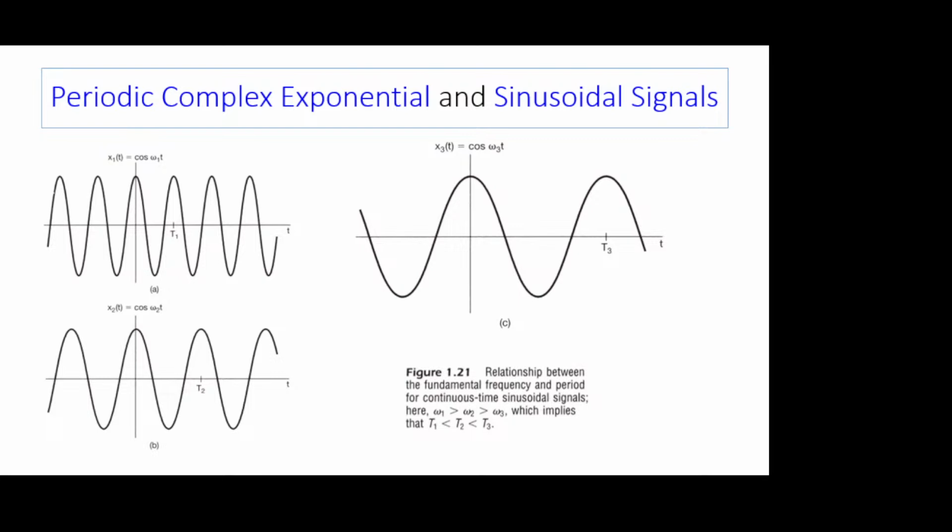So those are 3 cosines with different omega. Omega is decreasing from omega 1 to omega 2 to omega 3, and you can also see the period is increasing. So the period here is smaller, then the period gets bigger, then bigger. So bigger omega means higher frequency and shorter period.